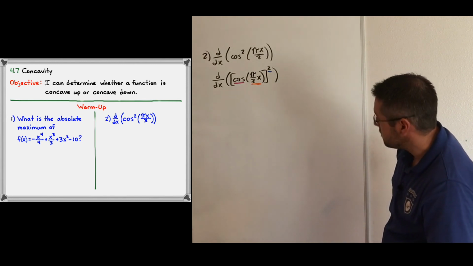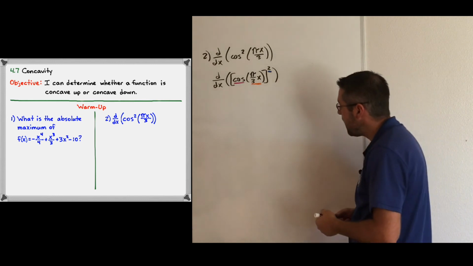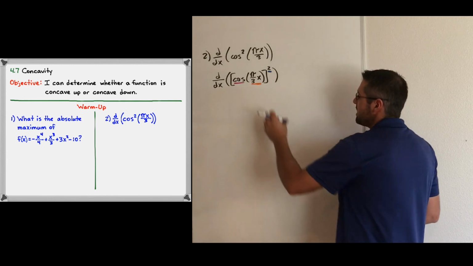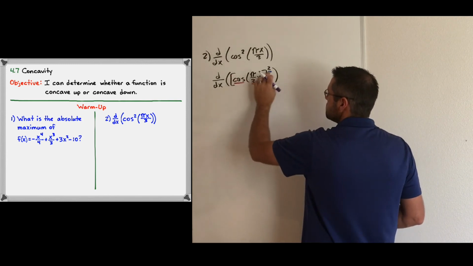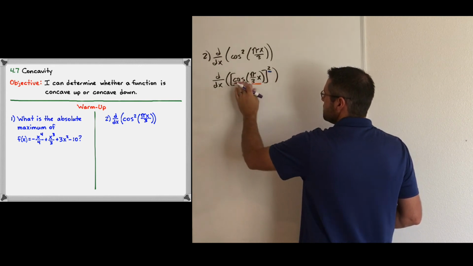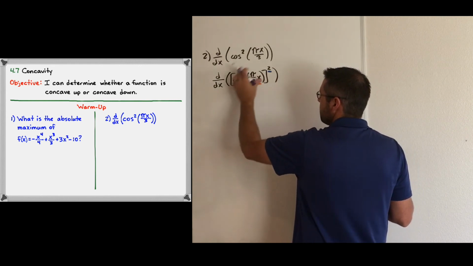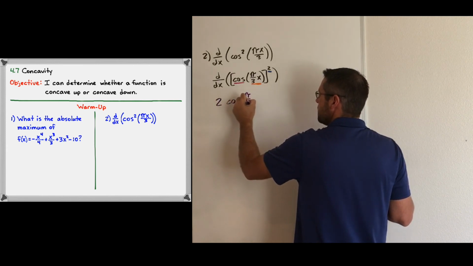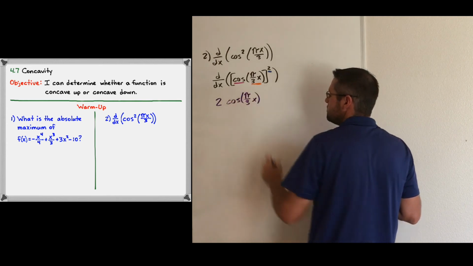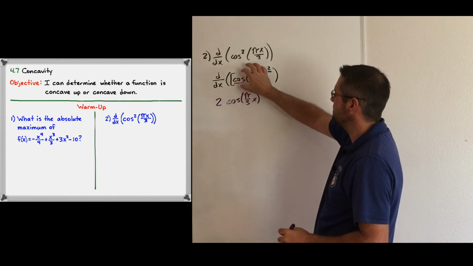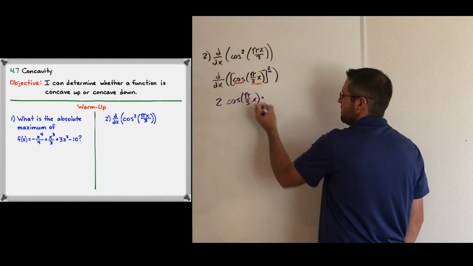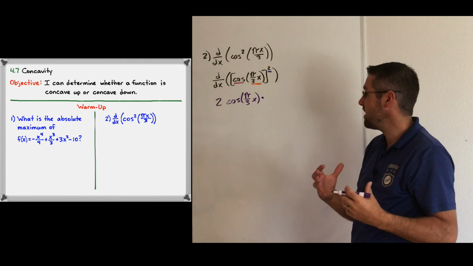So when I go ahead and take the derivative of this, I'm going to take the derivative of the outermost thing first. The outermost thing here is something squared. So the derivative of something squared is 2 of that something. Then we multiply it by the derivative of that something, the derivative of that inside thing.